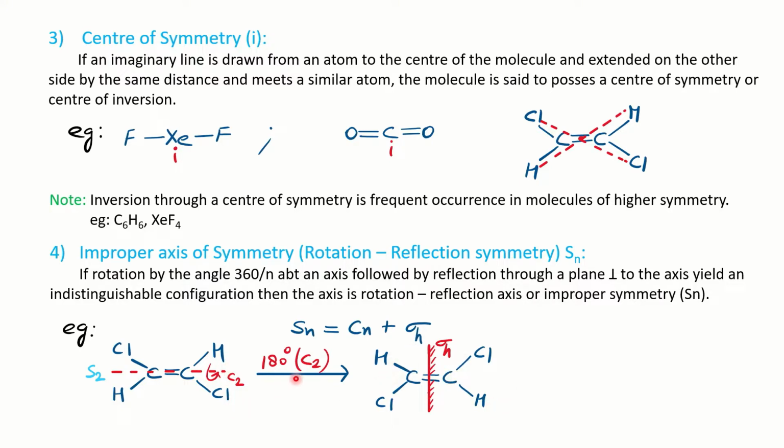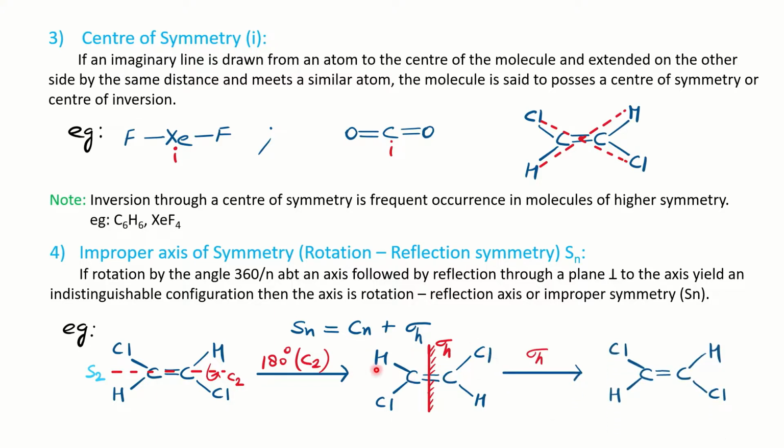Now we have to perform the sigma H operation, sigma H horizontal plane, which is perpendicular to the principal axis. So we know that always sigma H is perpendicular. Since your C2 axis is horizontal, your sigma H will be vertical here, perpendicular to the principal axis. And now since your mirror is here, the reflection will come on the other side.